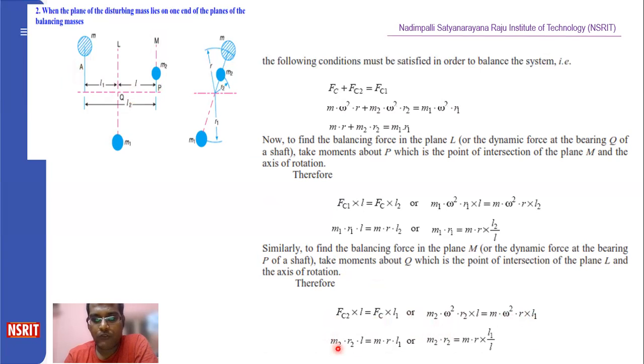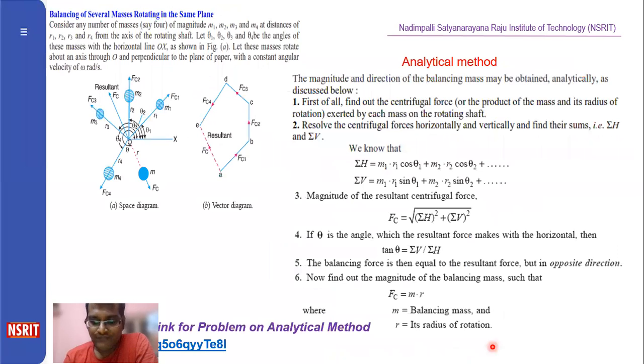Then M2 R2 L is equal to m r L1. I want M2 R2, so m r L1 by L. Like that you have to balance.